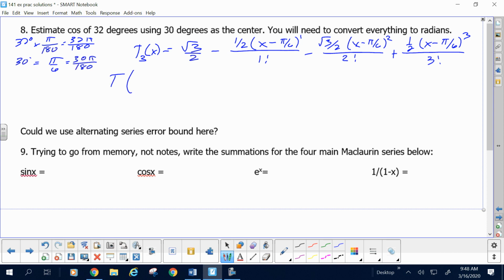So if I then use that to estimate cosine of 32 degrees, it could be approximated by the Taylor at 32 pi over 180. So that's root 3 over 2 minus 1/2 of (32 pi over 180 minus pi over 6). Well, that's 32 pi over 180 minus 30 pi over 180, so that amounts to 2 pi over 180, or pi over 90.